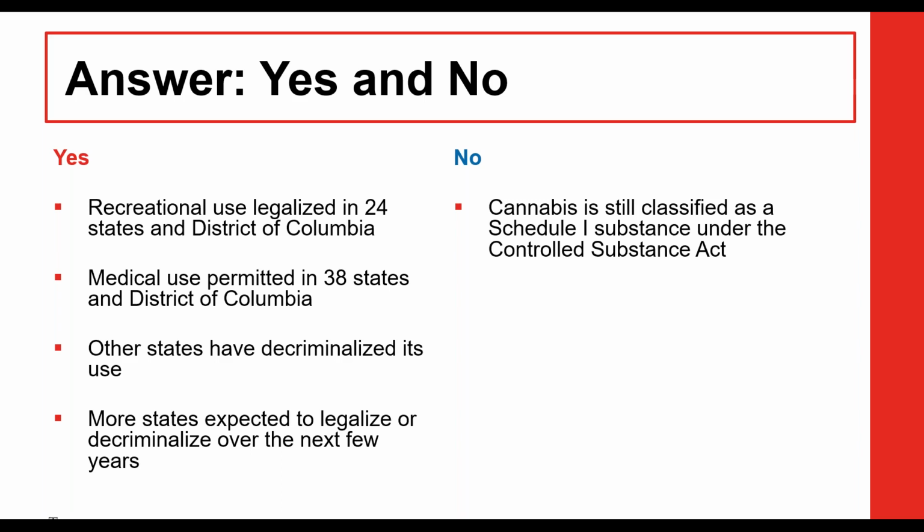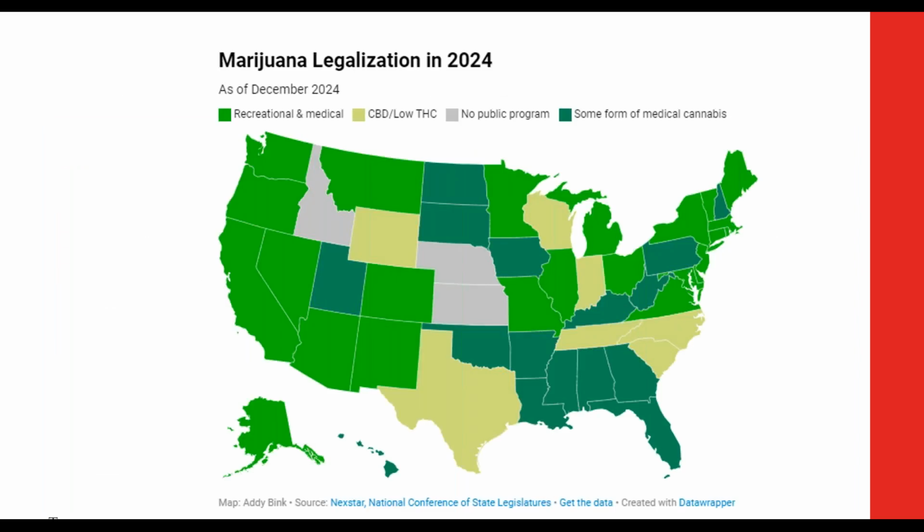A little bit of a development is that earlier this year, the Department of Health and Human Services sent findings on marijuana to the DEA, or the Drug Enforcement Administration, reportedly recommending that marijuana be reclassified as a Schedule III drug. That classification would mean that the substance has a moderate to low potential for physical and psychological dependence, but it's yet to be seen if there will actually be any movement.